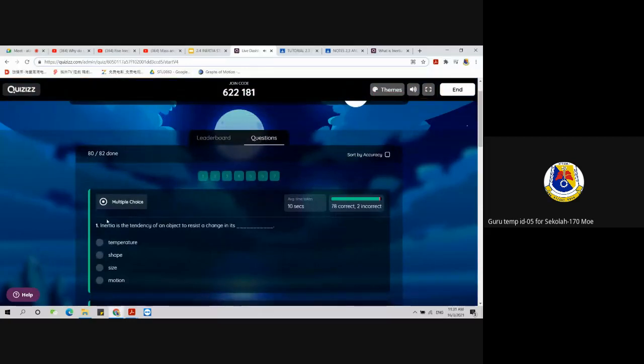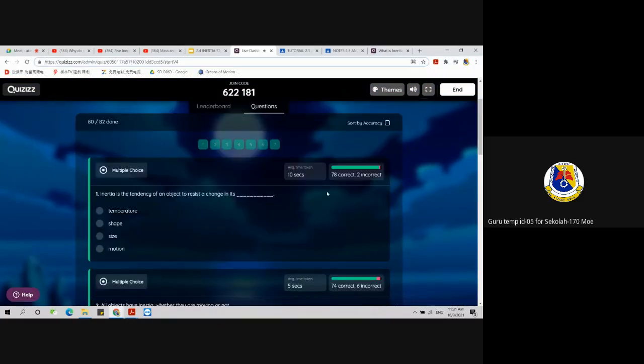The first one, 78 correct. Two of you got it incorrect. So from this, inertia is the tendency of an object to resist a change in its temperature. Is that temperature? Hmm. Resist a change in its shape. Can you resist the change of its shape? The state of motion.